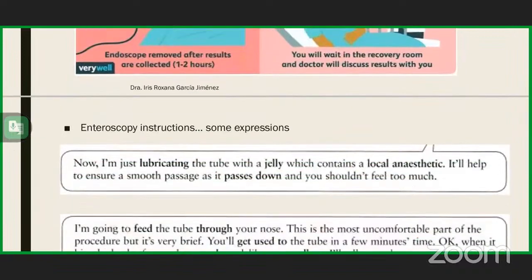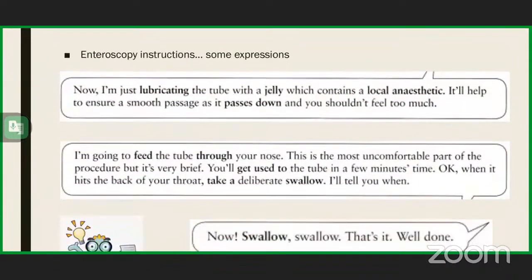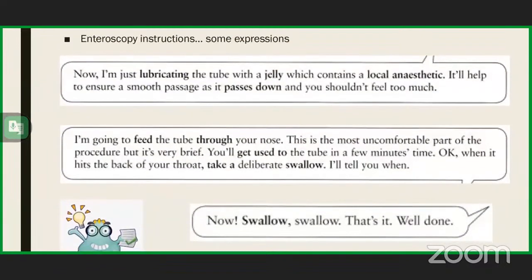He's going to show you what it means. Some instructions that are focused on enteroscopy are the ones that we, as doctors, use while developing this procedure. But of course, we can make them fit to describe other kinds of procedures for other situations. So let's read.